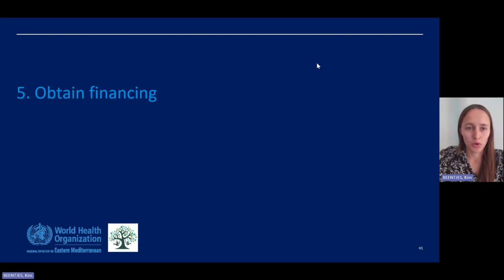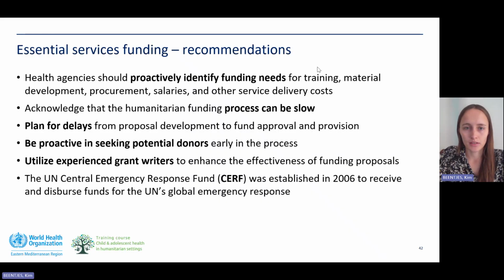Then the last part of Module 3 is obtaining financing. These are some recommendations on essential services funding. Health agencies should proactively identify funding needs for training, material development, procurement, salaries, and other service delivery costs.